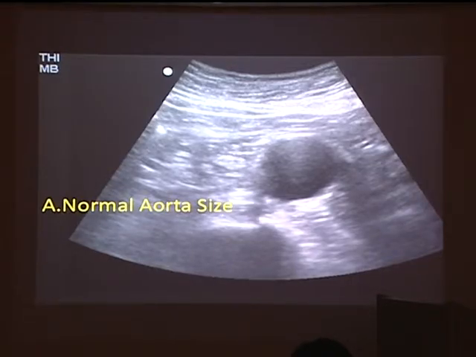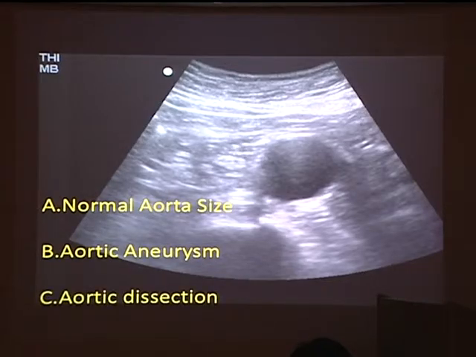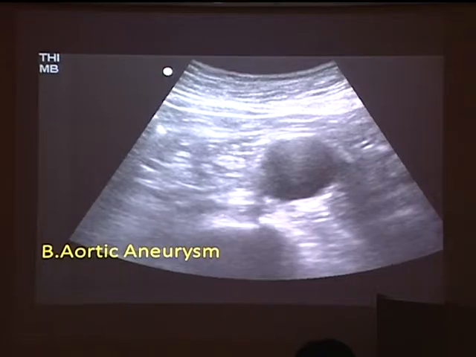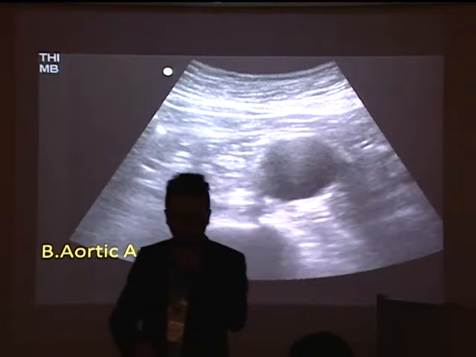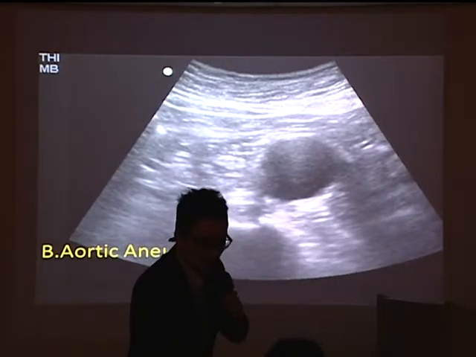A, the normal aorta, B, the aortic aneurysm, C, the aortic dissection. It's quite easy, right? Okay, anyone? You? B, okay. Aortic aneurysm, that's right.